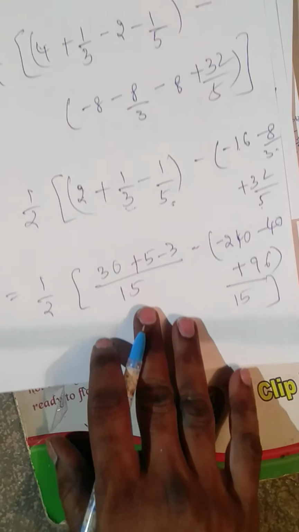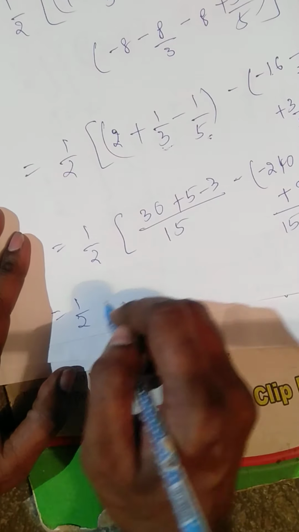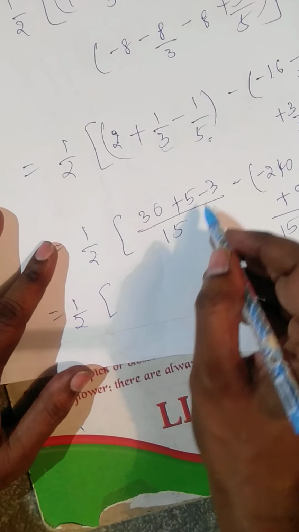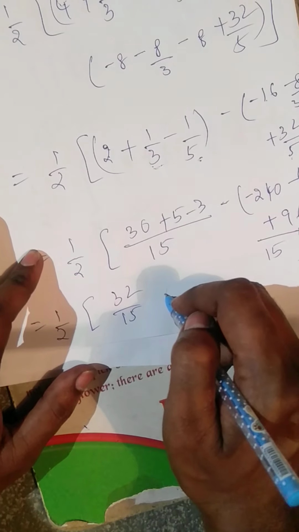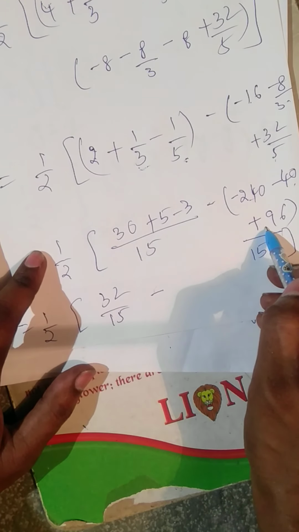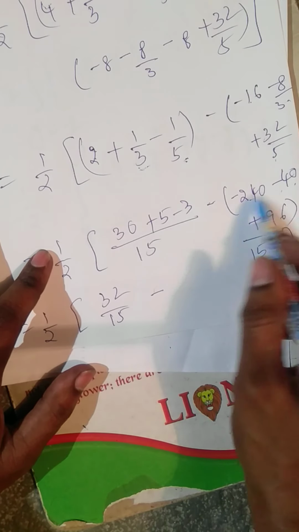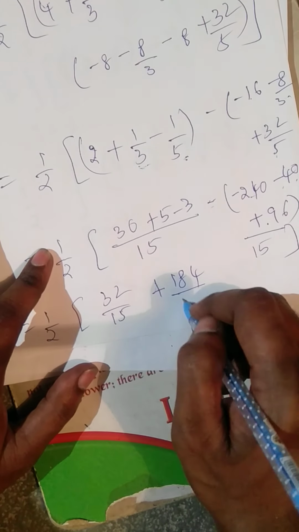Now if you simplify this, that equals 1 by 2 into 32 by 15, minus 280 plus 96. Minus 280 plus 96 is what? 184. Minus 184. Minus of minus, plus 184 by 15.